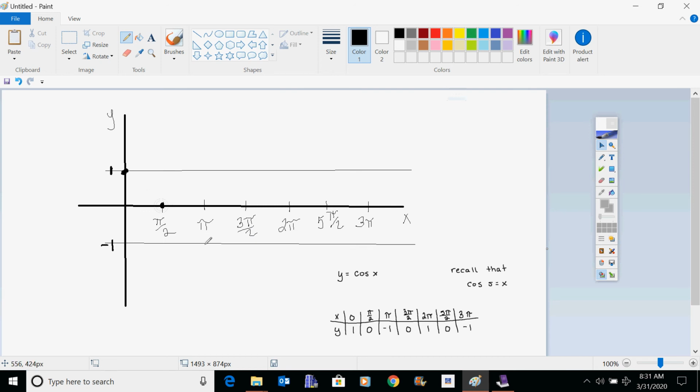Then at pi we have negative 1, at 3 pi over 2 we have 0, at 2 pi we have 1, at 5 pi over 2 we have 0, and then 3 pi goes back down to negative 1.